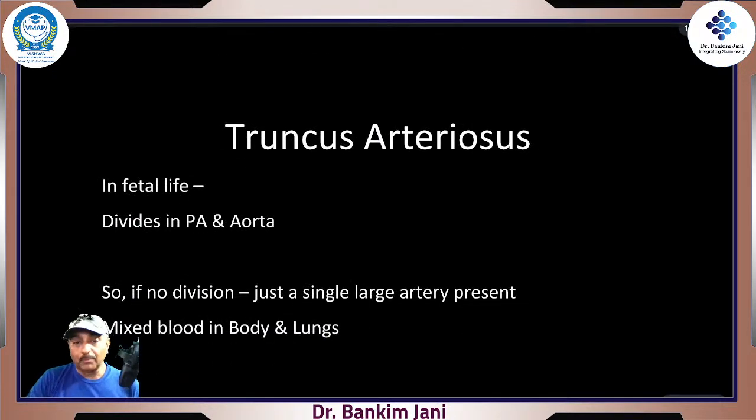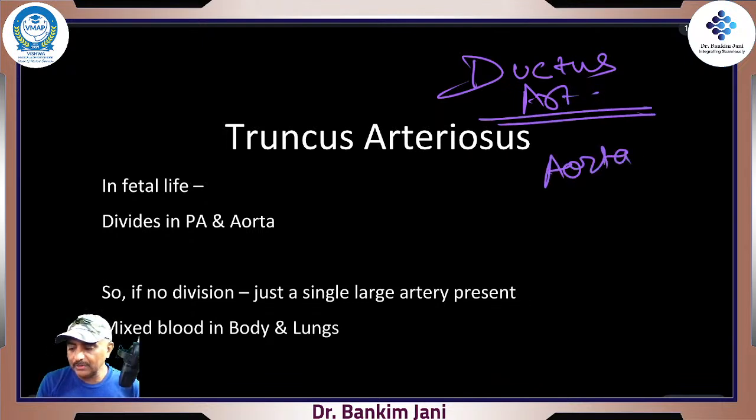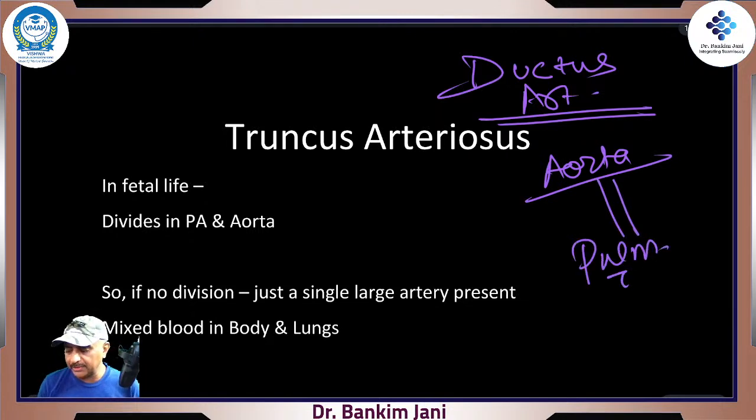Okay, moving on to the third part, the truncus arteriosus. Now, not to be confused with ductus arteriosus, right? Ductus arteriosus was a duct between the aorta and the pulmonary trunk.